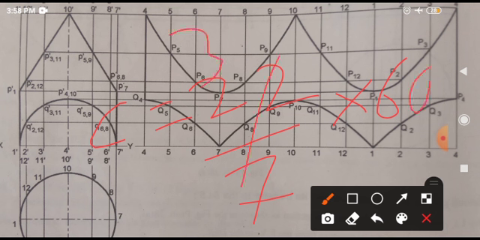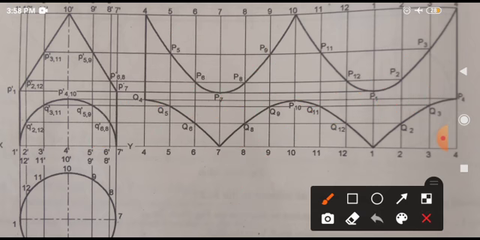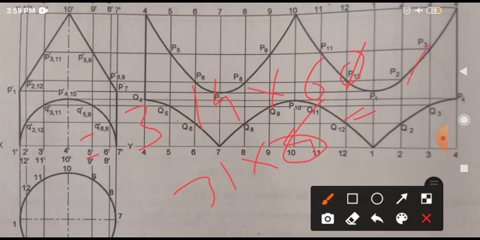Or you can take the value 3.14. So how much will you get? Let's calculate. 3.14 into 60. This 0, so 314 into 6, which gives 186.